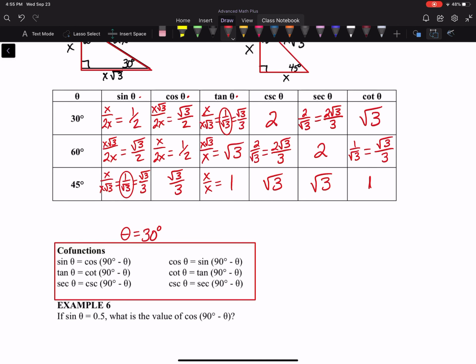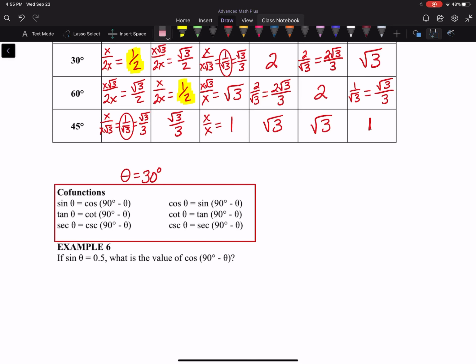All this is saying is, hey, sine of theta is the same as cosine of 90 minus theta. So sine of 30 is the same as cosine of 90 minus 30. So if you did 90 minus 30, that would be 60. So basically it's saying the sine of 30 is the same as the cosine of 60. And if you look up here, the sine of 30 was 1/2, and the cosine of 60 is also 1/2, and it's true.